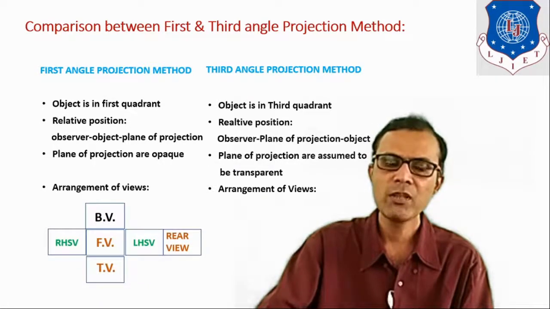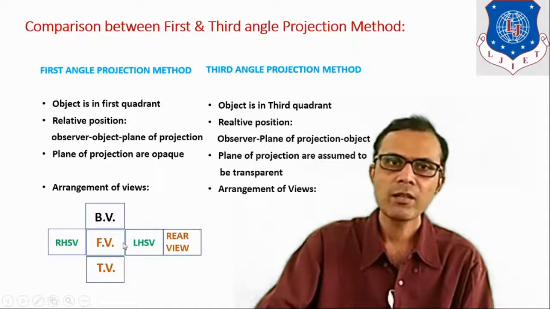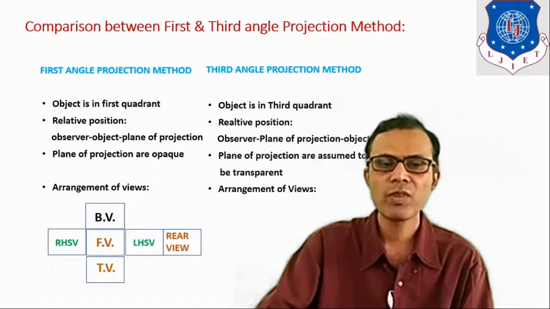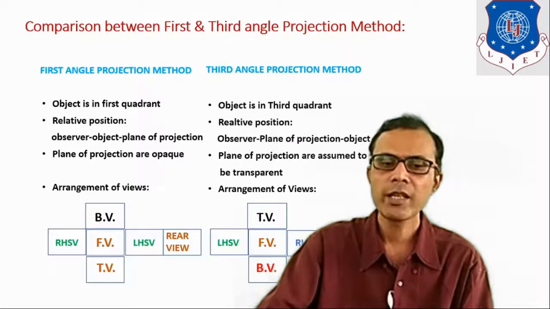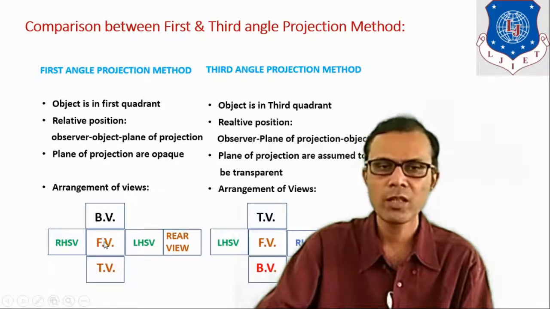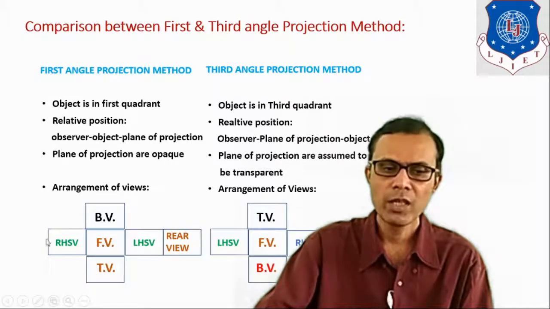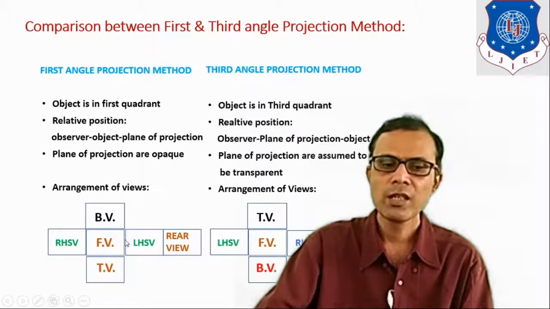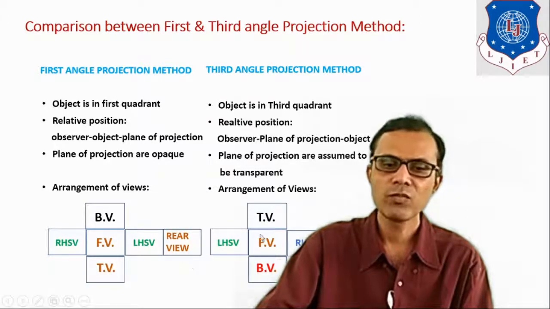Relative arrangement of the views, we have already discussed how all the views are placed with reference to front view in case of first angle projection method, and in case of third angle projection method. So in case of first angle projection method, with reference to front view, left hand side view is placed towards right hand side, and right hand side view is placed towards left side of the front view.